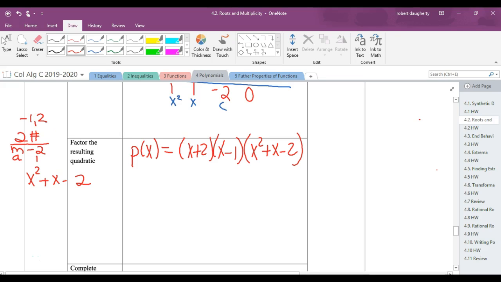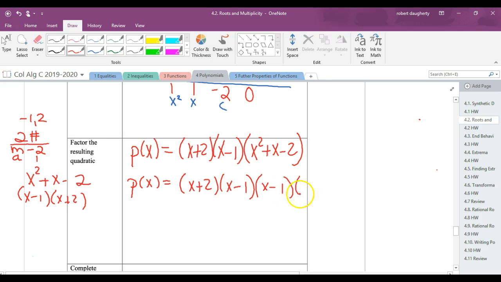I don't have to do grouping because there is a 1 in front of the x squared. This tells me this is just x minus 1, x plus 2. Okay, so my final answer here is P of x equals x plus 2, x minus 1, and then we determine x squared plus x minus 2 is x minus 1, x plus 2.